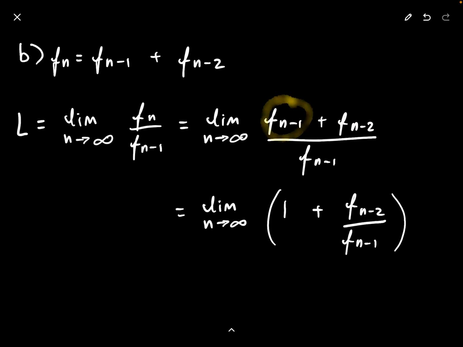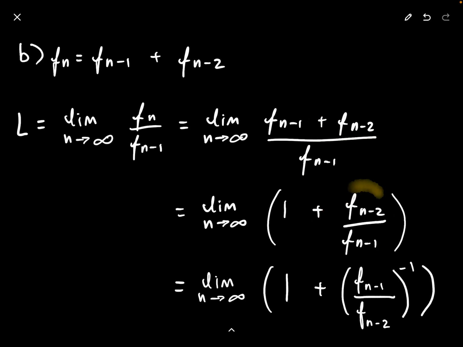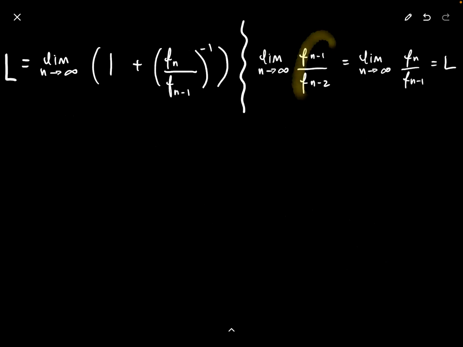So f_(n-1) divided by f_(n-1) will be equal to 1, plus f_(n-2) divided by f_(n-1). Next I will rewrite this second term, f_(n-2) over f_(n-1), as the reciprocal, so to the power minus 1, of the ratio of successive terms, f_(n-1) over f_(n-2). So here we replaced f_(n-1) over f_(n-2) with the ratio f_n over f_(n-1).